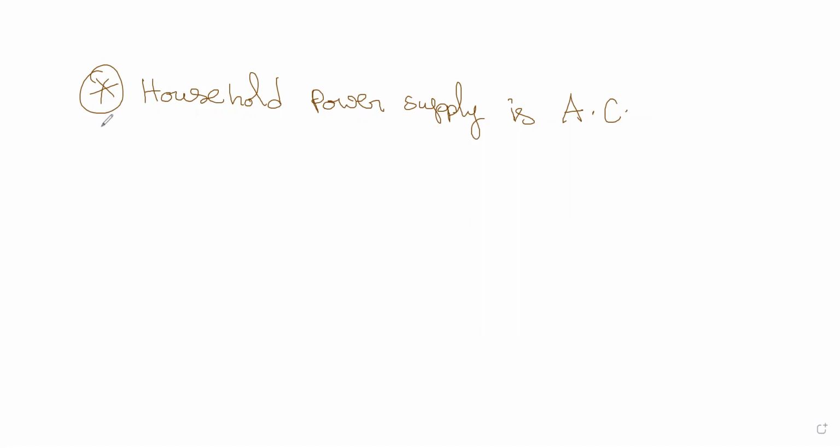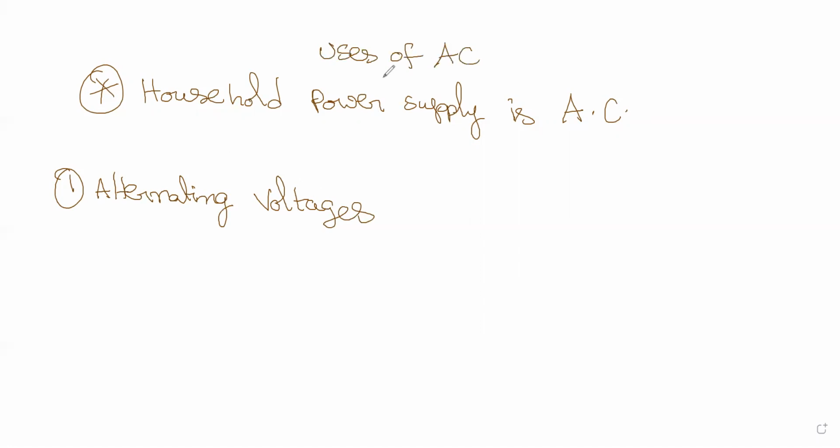There are certain uses of alternating voltages. So what are the uses of AC voltage and current? Why do they transmit to the household as AC?